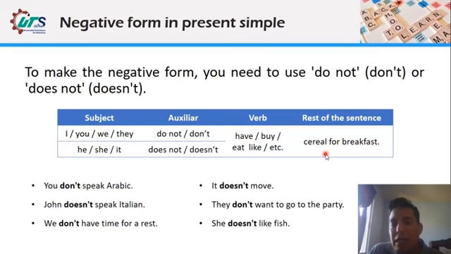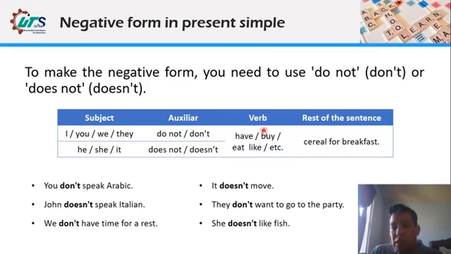They don't like cereal for breakfast. What happens with the third person singular? He doesn't have cereal for breakfast. She doesn't buy cereal for breakfast. And it doesn't eat cereal for breakfast.